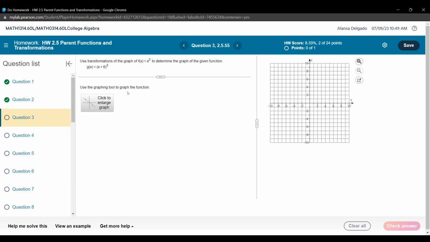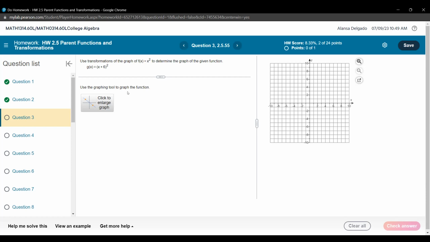Could you explain that one more time? Yeah. The top function f of x, or y equals x squared, is going to go through 0, 0 and go up. Well, x plus 6 squared is going to look just like that, except shifted to the left 6 units.